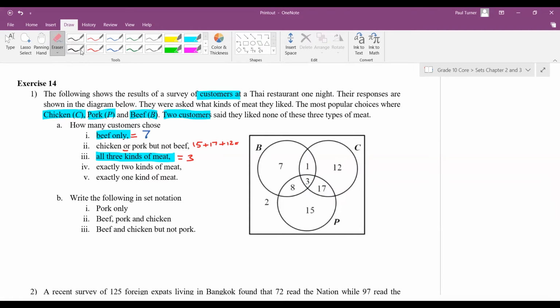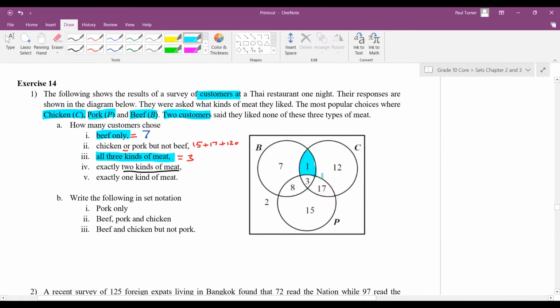What about exactly 2 kinds of meat? 2 kinds of meat, and it must be exactly, that's important. Exactly 2. It can't be 1 kind, and it can't be 3 kinds, and it can't be none. It's got to be exactly 2. So that would be beef and chicken, yes. What else? Beef and chicken, what are the other 2?